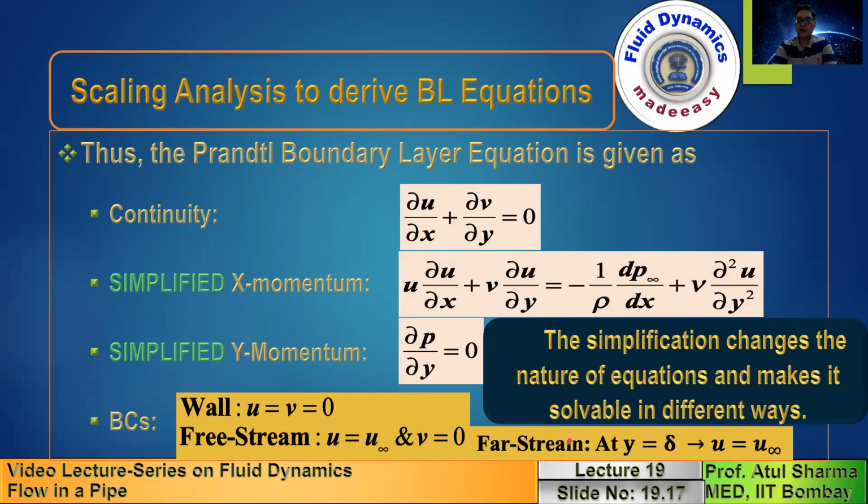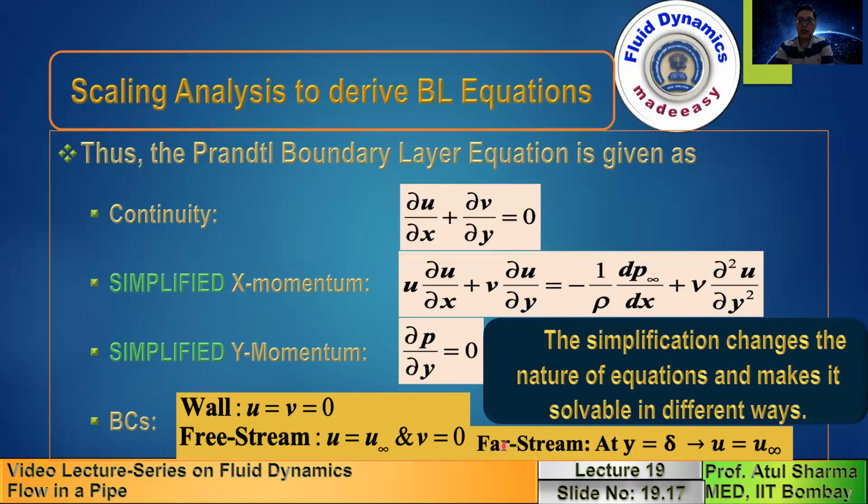Like for a flow over a flat plate, when the free stream and far stream boundary conditions are the same, then you can propose a similarity variable, and using a similarity technique, you can obtain an analytical solution for flow over a flat plate. I will not be demonstrating this complete solution, which is outside the scope of this course.